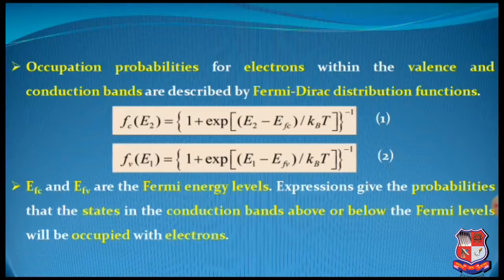Here in equations 1 and 2, the right hand side terms have E_FC and E_FV. These are nothing but the Fermi energy levels. The expressions give the probabilities that the states in the conduction band above or below the Fermi levels will be occupied with electrons.